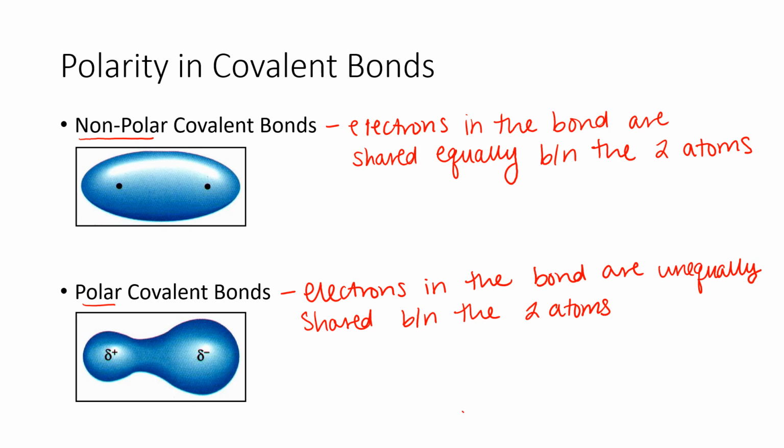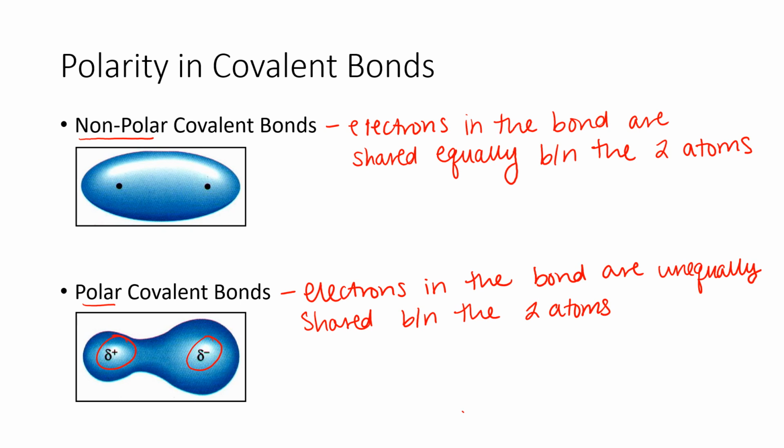It wants the electrons a little bit more badly than the other atom, and so it'll have a stronger pull on the electrons, which creates a partial charge in the bond, which is what we see here. So this little lowercase delta in Greek is what we use for a partial charge. So we have a partial negative charge and a partial positive charge that results from polar covalent bonds.